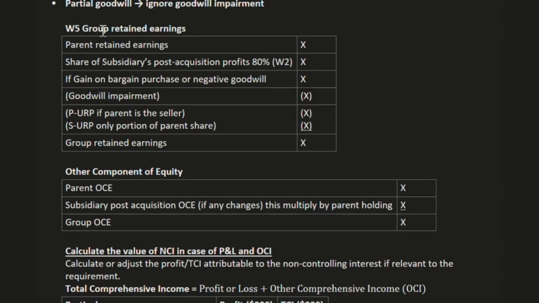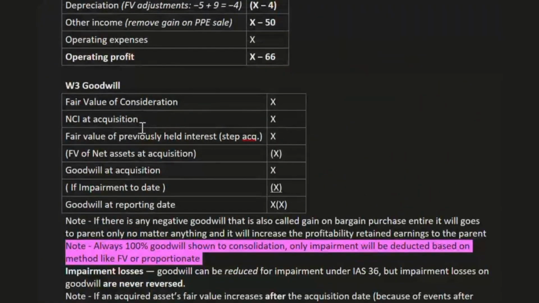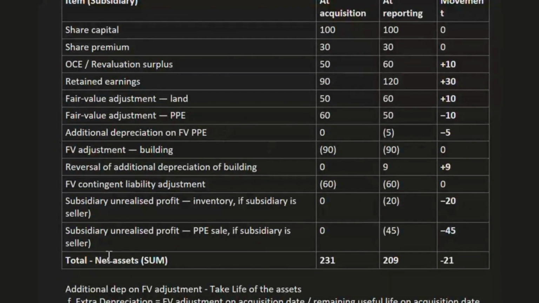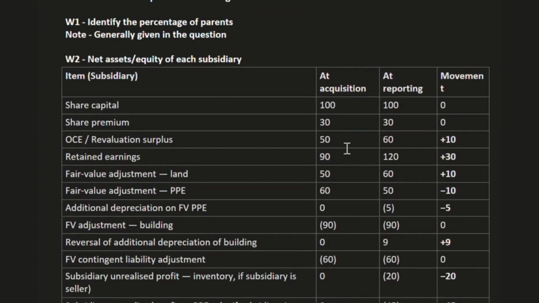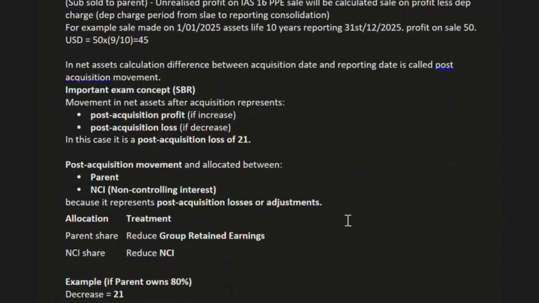Now working 5, group retained earnings. Parent retained earnings, we need to add that amount. Share of subsidiary's post acquisition profit, that we need to add. Working 2, what we have here: post acquisition profit or loss, net movement 21.